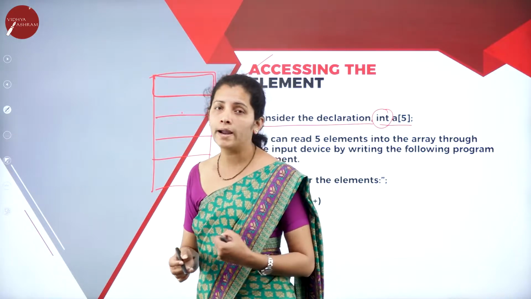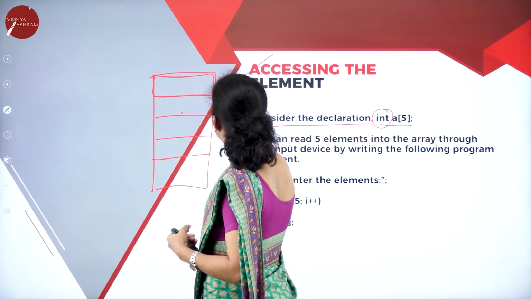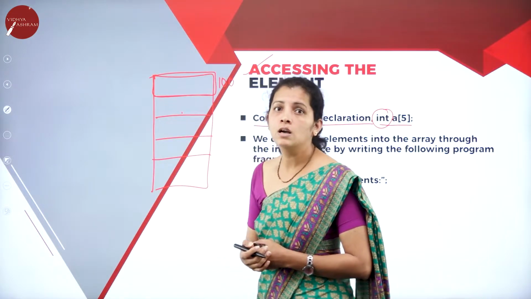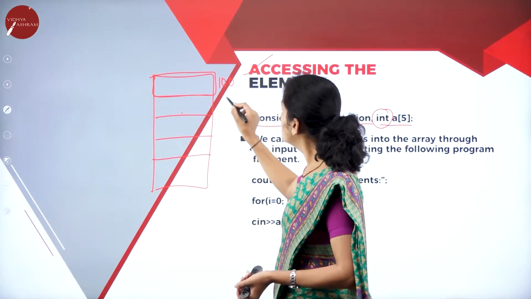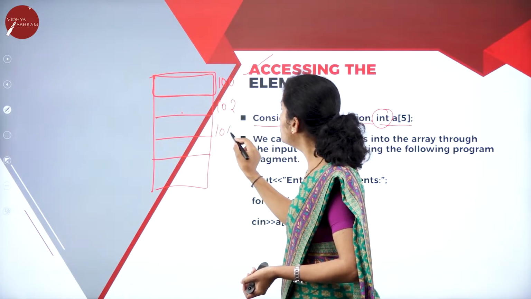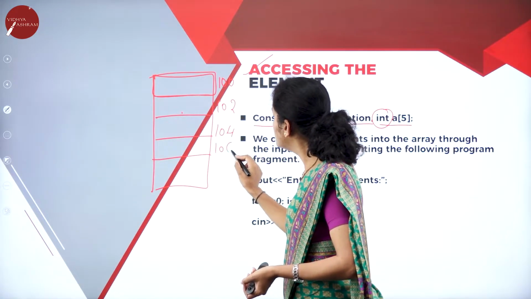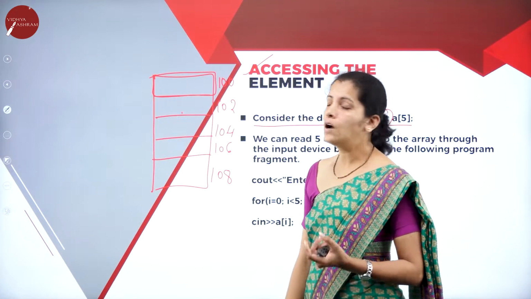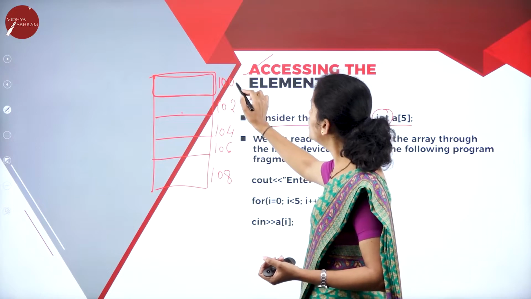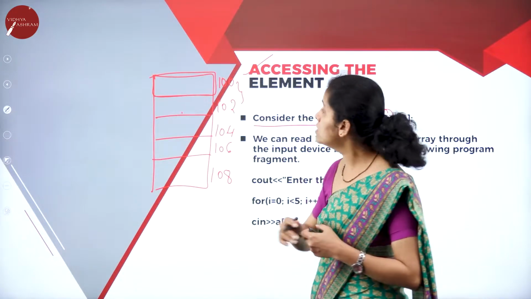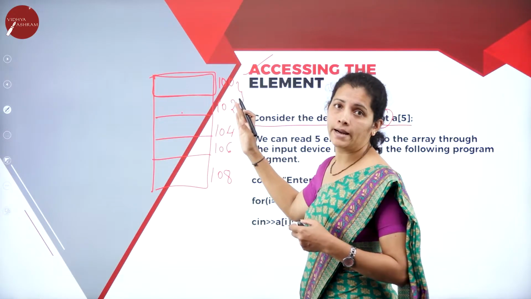It is 2 bytes. So, here the array memory address starts from 100, then 102, 104, 106 and 108. Now tell me why I am going to increment each time by 2? Because it is 2 bytes.